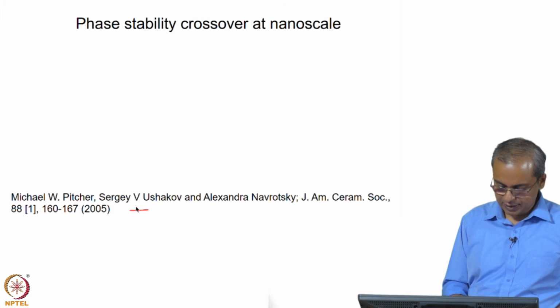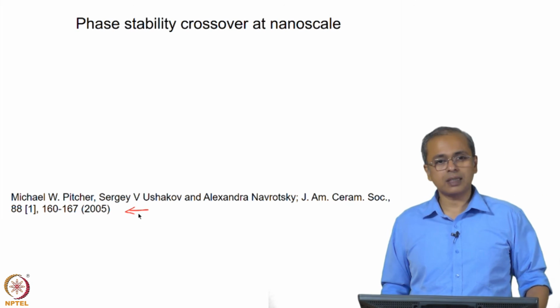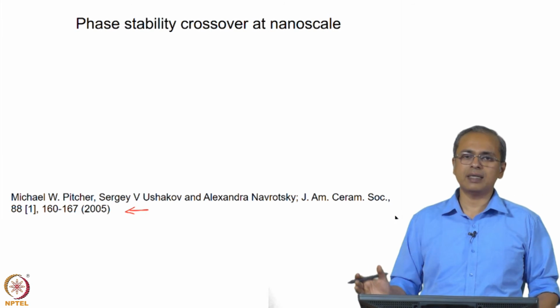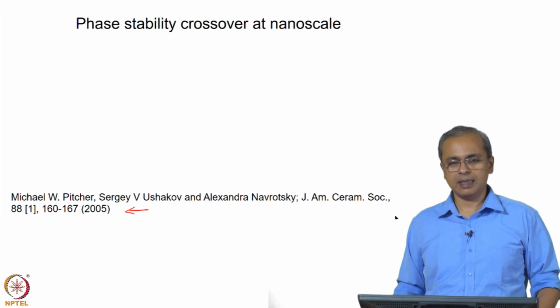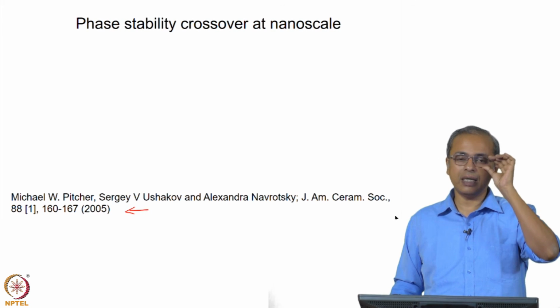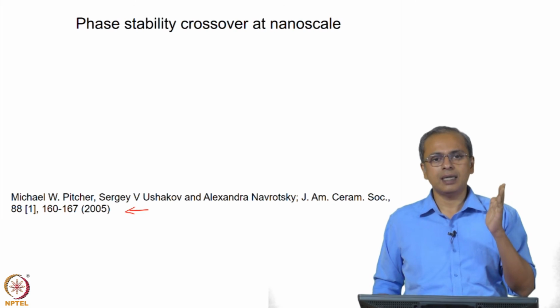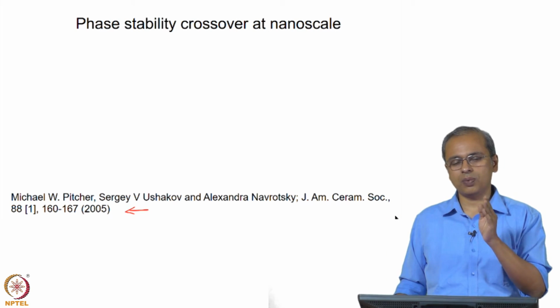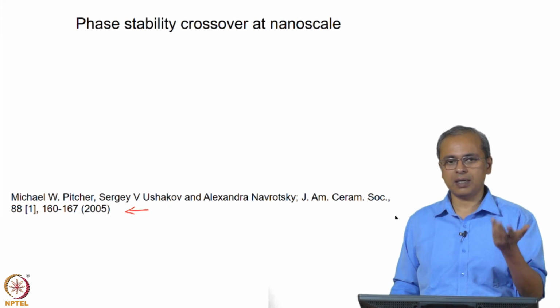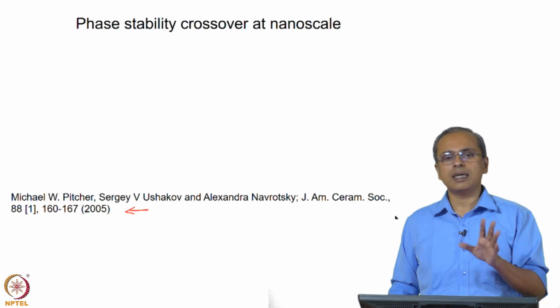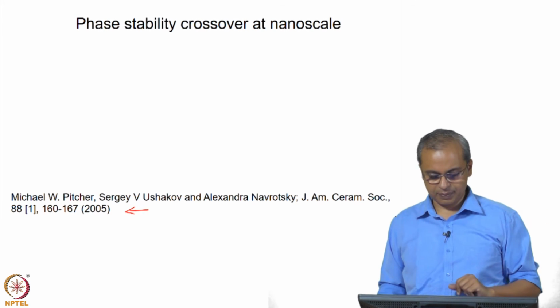It is a 2005 paper in the Journal of American Ceramic Society, where they have done a significant amount of work in this area. You can actually see how carefully they have done their experiments. So much thought has gone into everything, like what is the state of water there, how they are handling the water there, and they are able to get this information.